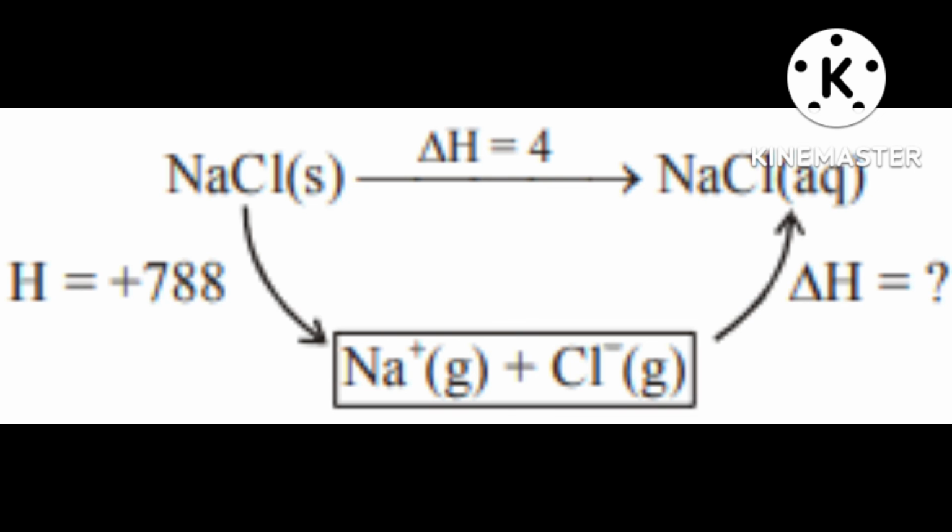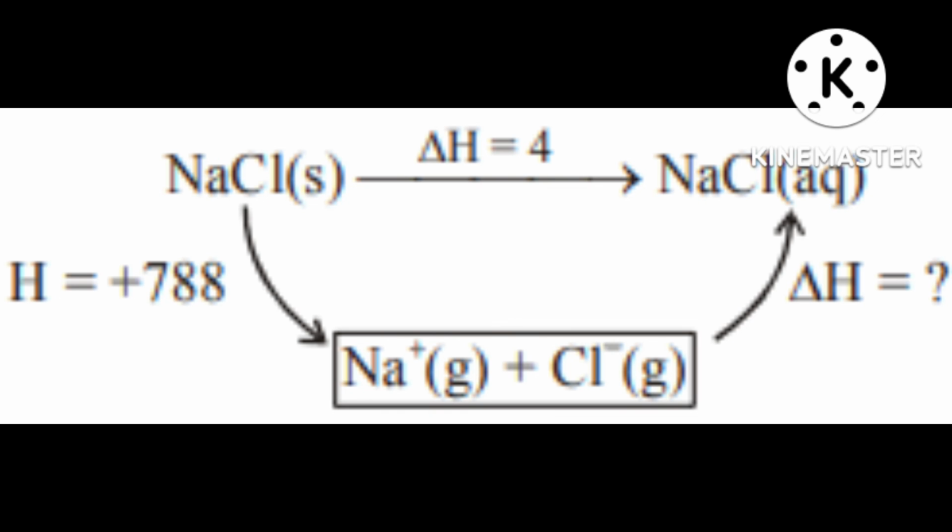From where did the 2 come? Because the NaCl was only one molecule, and it converted to separate Na and Cl, so now it became 2. 2 ions means 2 molecules. Delta n became 2. So the internal energy is smaller by 2RT because delta n is equal to 2, and its value will come to plus 783, a little less. It was 788, now it is becoming 783 kilojoule per mole.